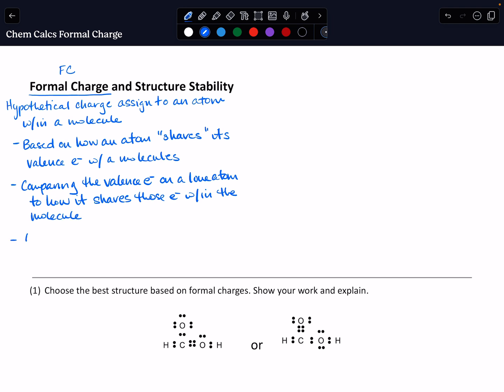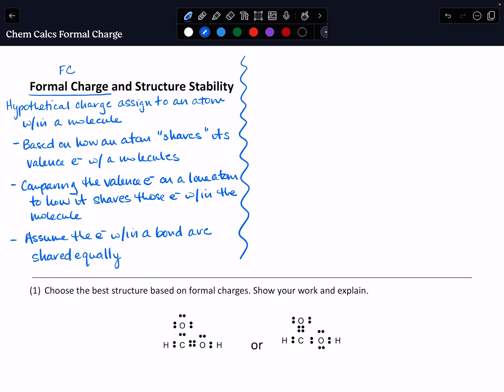We are going to make one assumption though. We're going to assume that electrons within a bond are shared equally. We're not going to worry so much about polarity here. In other words, we're going to keep those electrons shared equally in the bonds.